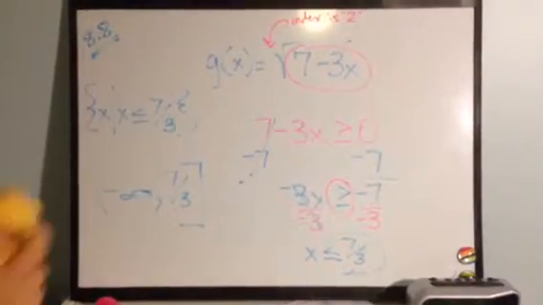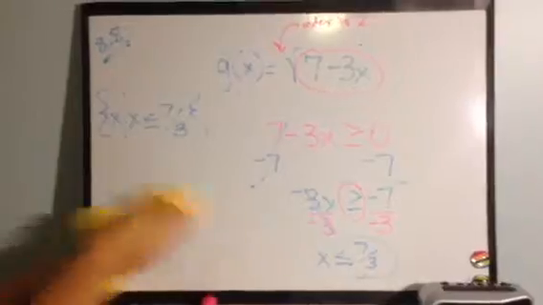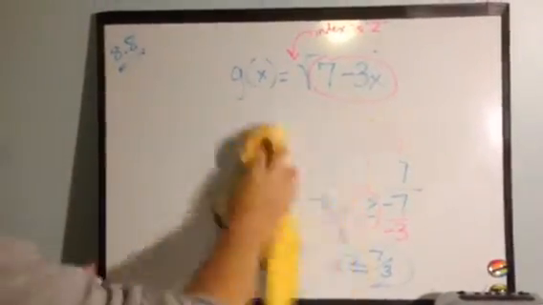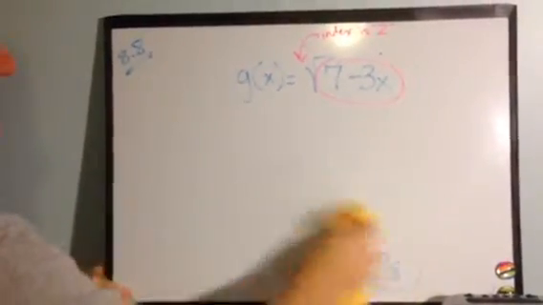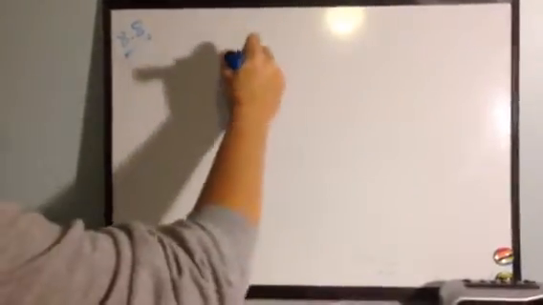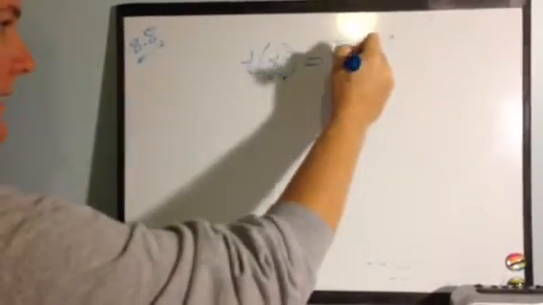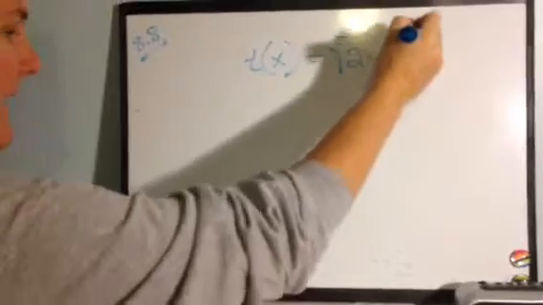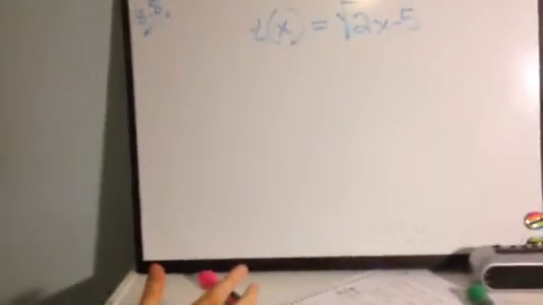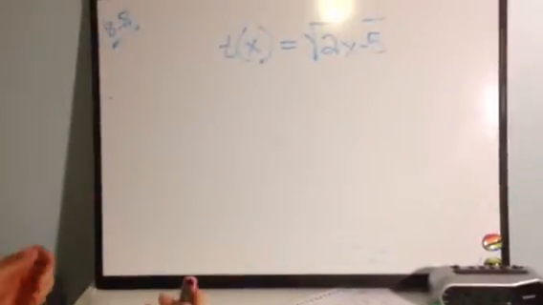Okay? Let's do one more of these with an even index, and then we're going to jump to one with an odd index, and you're going to be blown away how easy that is when you have an odd index. So if I have t of x equaling the square root of 2x minus 5, and they want to find the domain of this radical function.